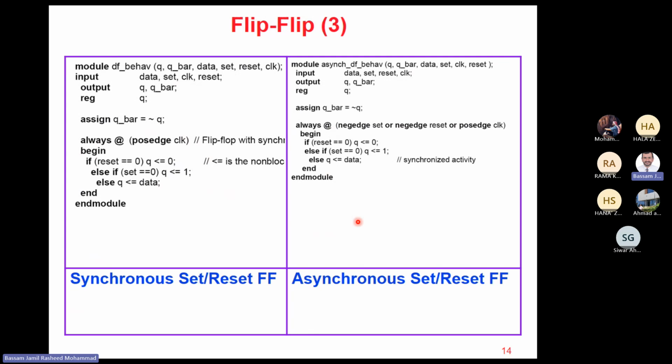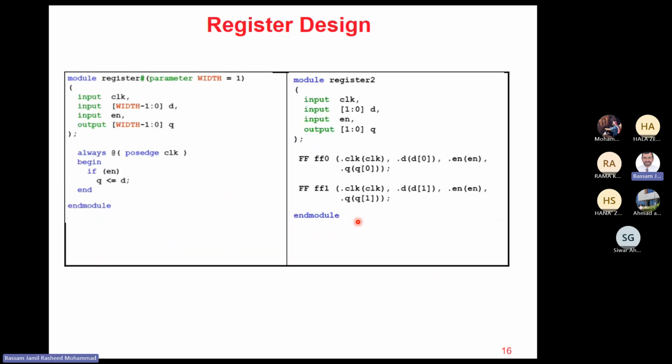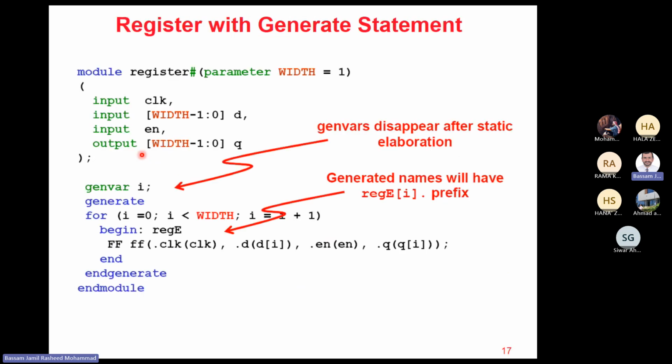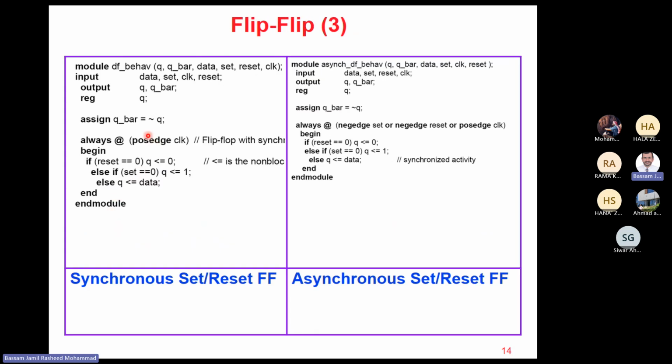The latch does not have this positive edge of the clock. It just checks the value of the enable. So, for example, if I remove this posedge here, this becomes a latch.